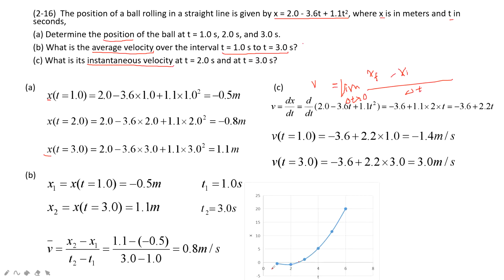Also, if we plot the v-t graph, we find it just moves with a velocity over time. So this is a picture of the instantaneous velocity with time t. At first it is in the negative direction, then it reaches zero and then goes in the positive direction.